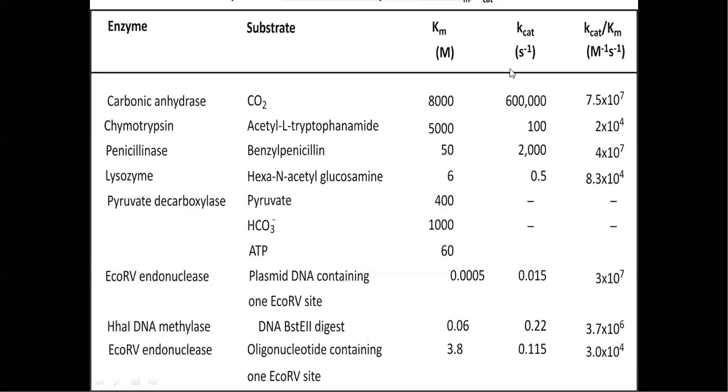So this is the turnover number of carbonic anhydrase. And chymotrypsin has a turnover number of 100. These Km and Kcat values are very important, and they are derived from the Michaelis-Menten equation and Lineweaver-Burk plots.